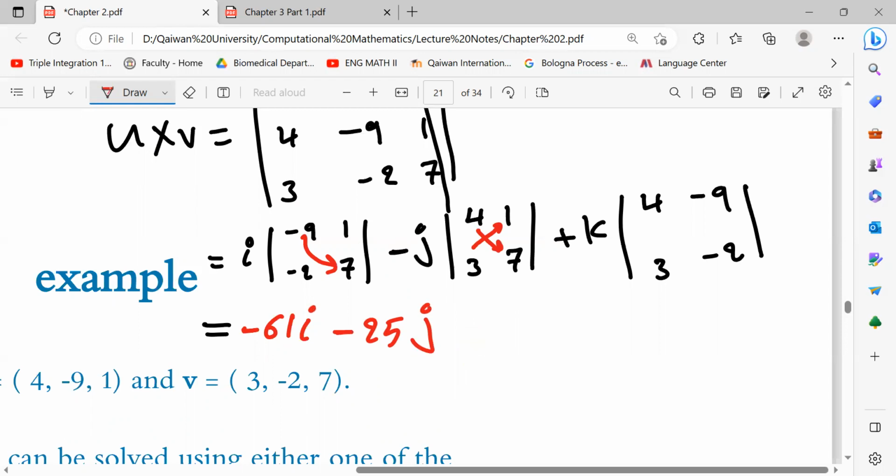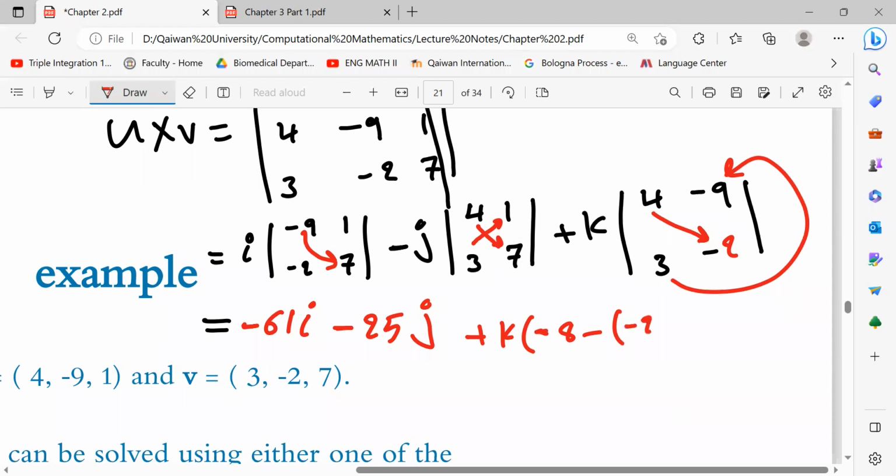Then, for the last one, multiplying these two minus multiplying these two. 4 times negative 2 is minus 8. Then minus 3 times minus 9, which is minus 27. Negative negative becomes positive, so it is plus 27. Minus 8 plus 27 is 19. So you get 19k.